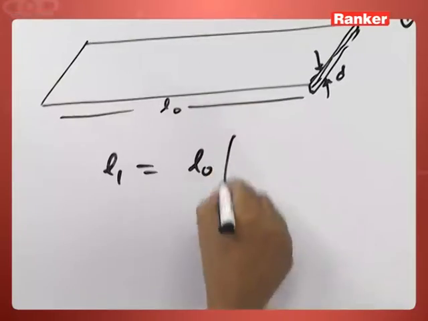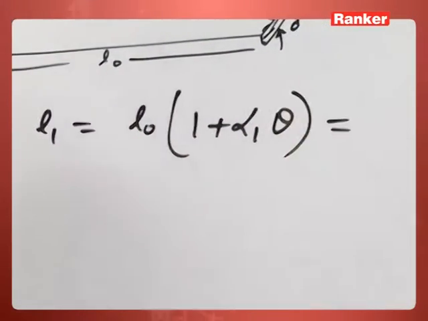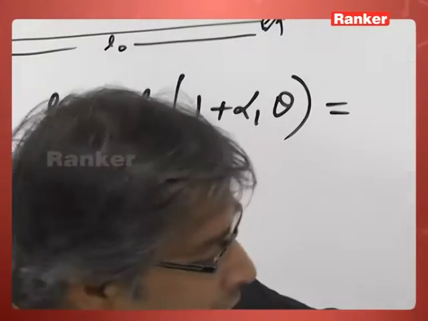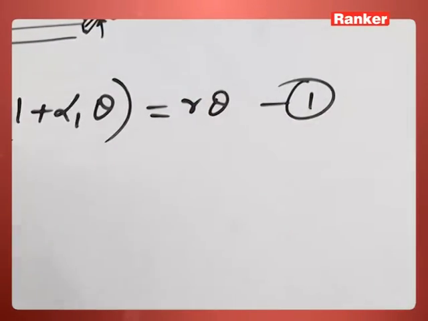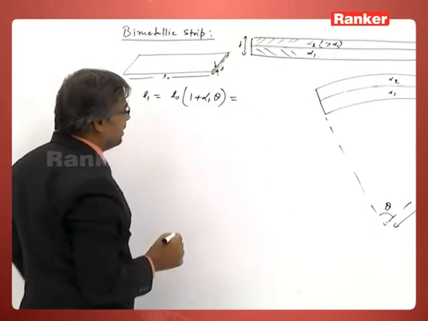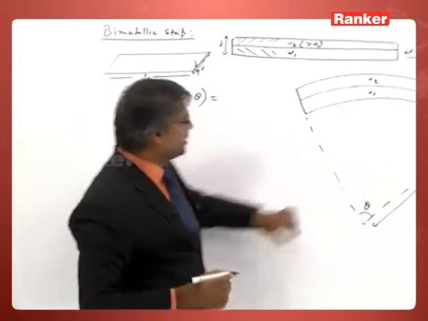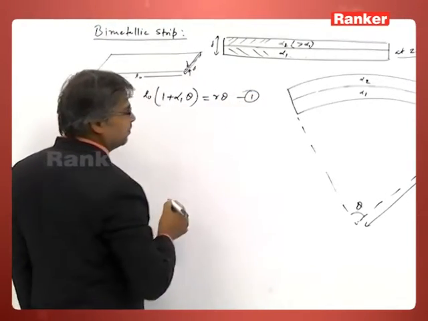Then the inner length L1 is L naught times 1 plus alpha 1 theta, and that will be equal to r theta. This is equation number 1.